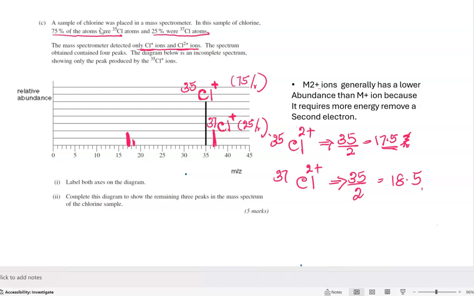Therefore, chlorine 2 plus isotope 35 gives a peak at mass to charge ratio 17.5. Chlorine 37 isotope 2 plus ion gives a peak at mass to charge ratio 18.5. But the relative abundance of both peaks is smaller than the chlorine 1 plus ions.